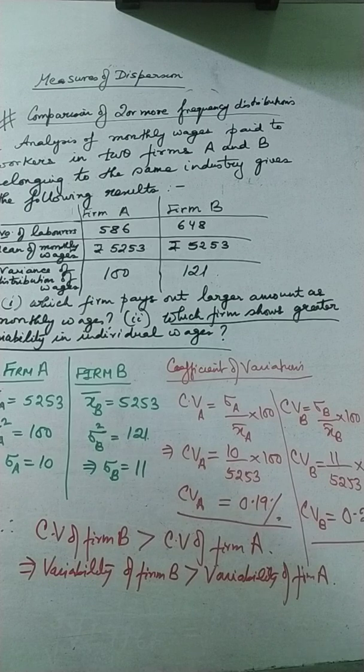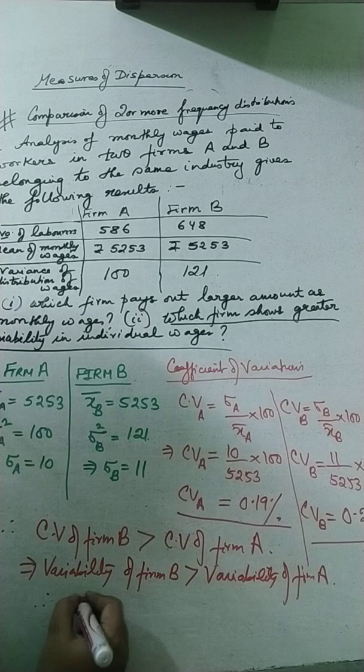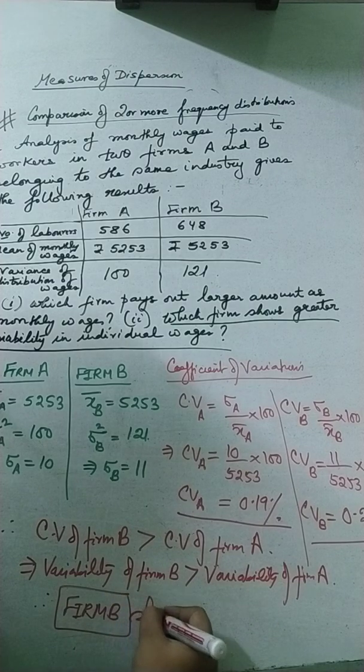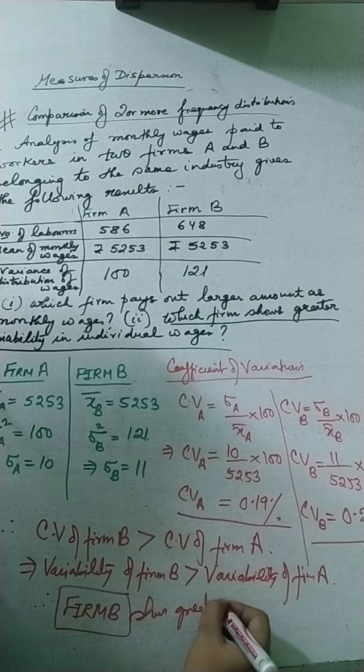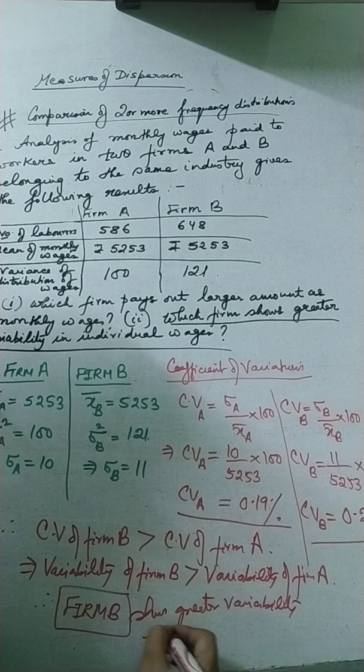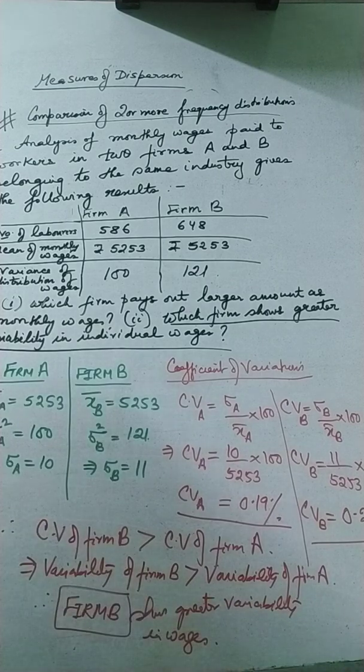This is the conclusion. So they are asking you which firm shows greater variability in wages. So therefore, firm B shows greater variations or greater variability in wages. Or you can say that firm B is less consistent in distributing the wages for its workers. Okay, I think I'll write that. There's no space below, I'll write on top.